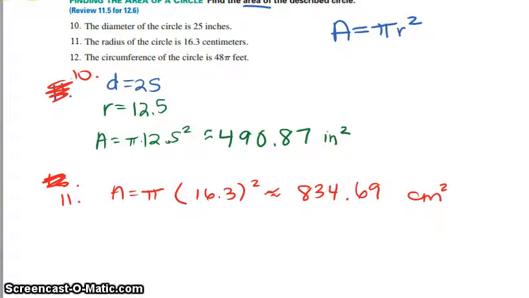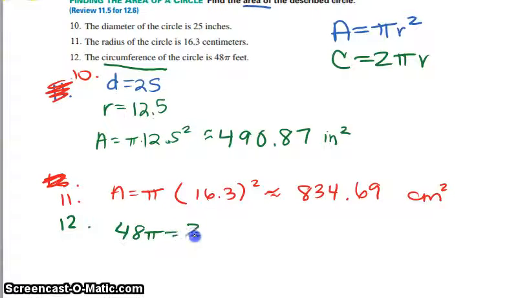All right, last one, number 12, the hardest one in this section. They gave us the circumference, so we need to look at this formula. Then we'll get our radius, then we'll get our area. So if the circumference is 48 pi, then I need to divide by 2 pi to get my radius. 48 divided by 2 is 24, and pi divided by pi cancels out.